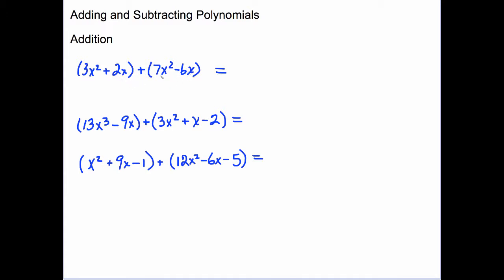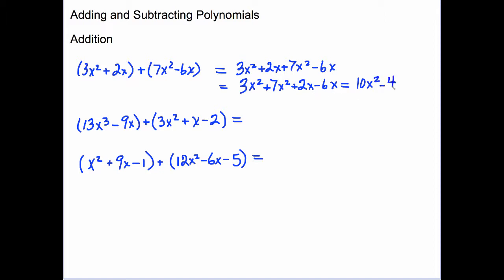Since these two binomials are connected by addition, since these are all addition and subtraction, we can remove the parentheses and change this to 3x squared plus 2x plus 7x squared minus 6x. And then we can rearrange terms, 3x squared plus 7x squared plus 2x minus 6x. And this gives us 3x squared plus 7x squared is 10x squared. And then 2x minus 6x is negative 4x.